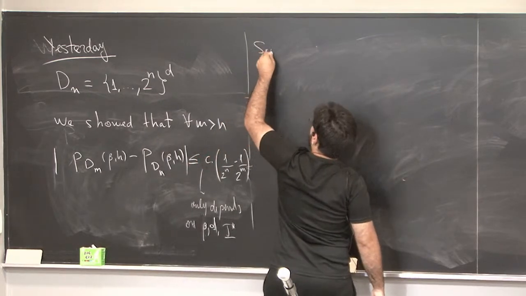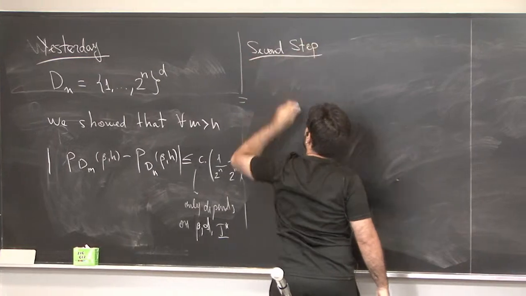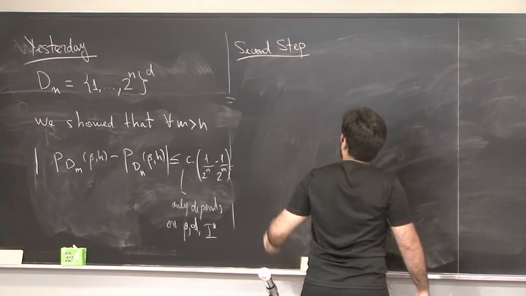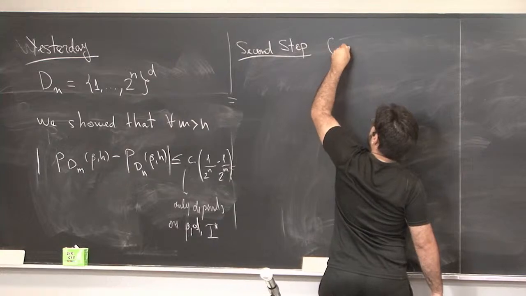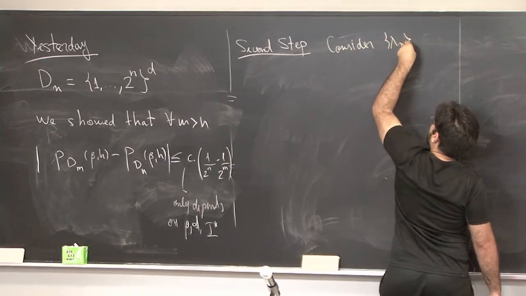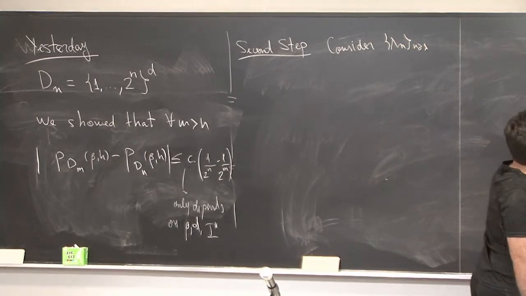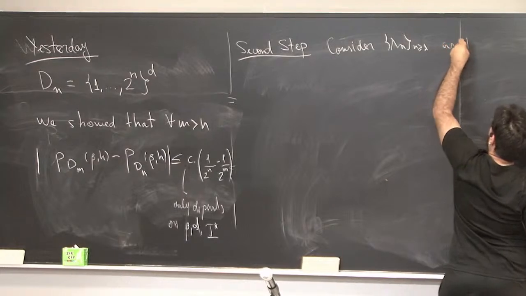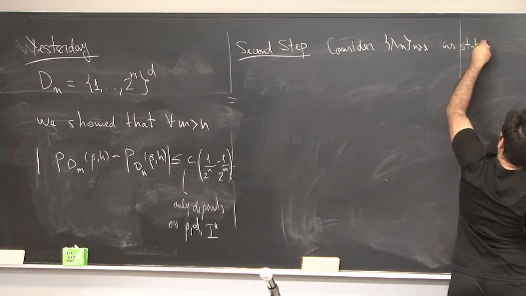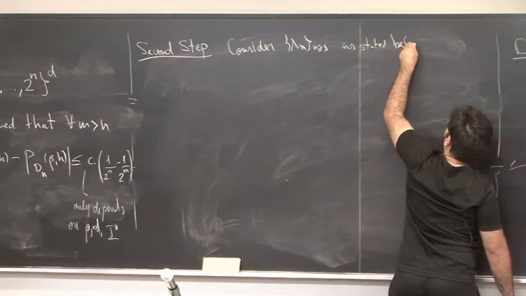So the second step is to consider lambda n, as stated in the theorem, as stated before. Okay?